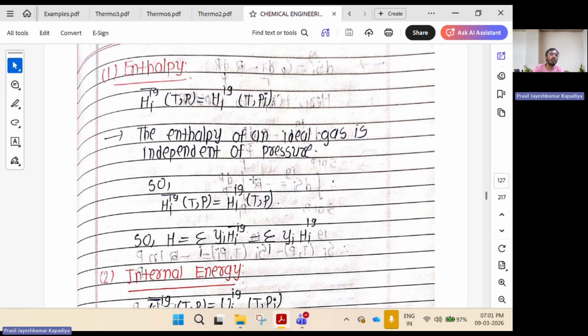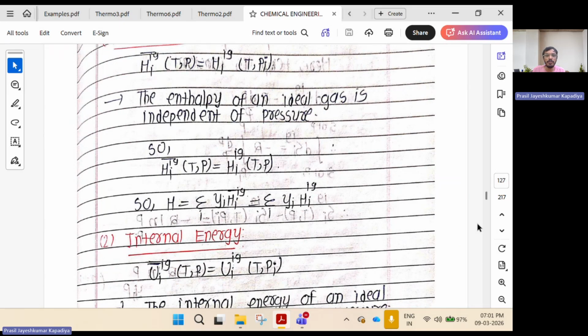So if I am mixing CO2 and CH4, I will have CO2 and CH4 enthalpies as pure state and CH4 and CO2 enthalpy in the ideal gas mixture state. Those both are going to be the same. So I can find out my mixture enthalpy by using the summation rule, summation yi hi.